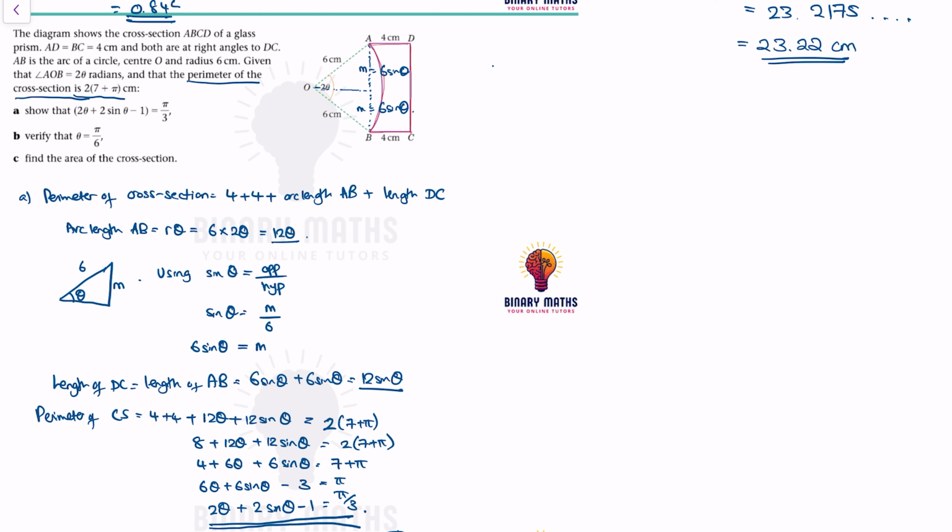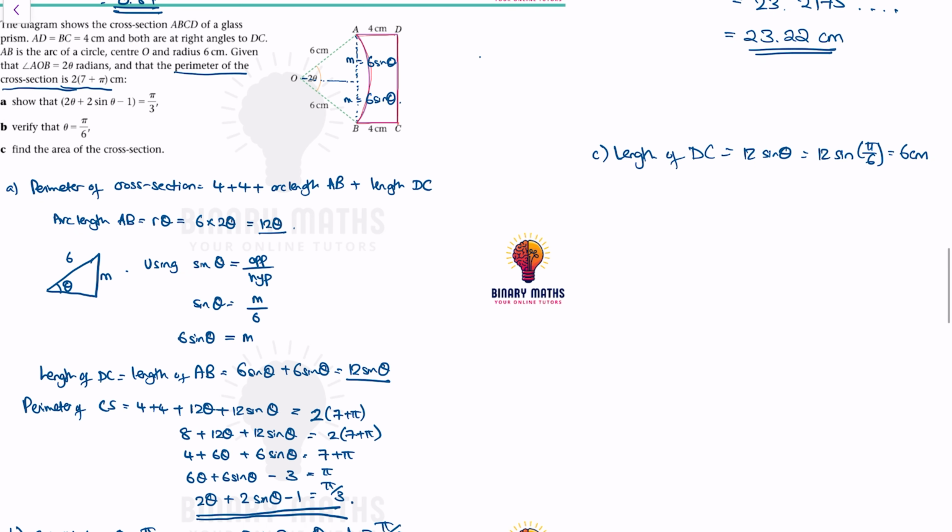It says find the area of the cross section. Okay, now that we know what theta is, if I want to work out the length of DC, remember it was 12 sine theta, which is 12 sine pi over 6, which is equal to 6 centimeters.